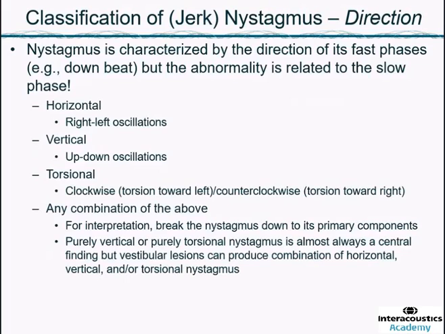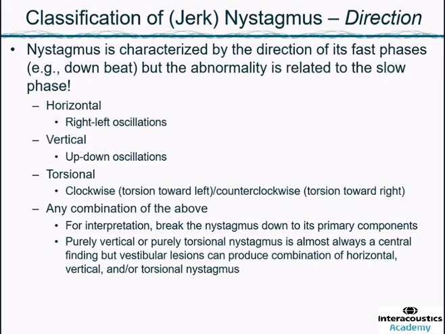In reality, most of the abnormalities affect the slow phase of the nystagmus. So, for example, if you have a vestibular lesion on one side, that asymmetry makes the eyes move slowly in one direction. The fast phase is just serving to bring your eyes back to the center.